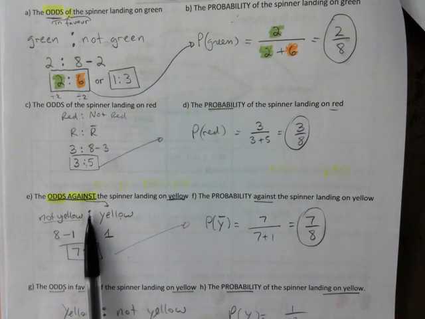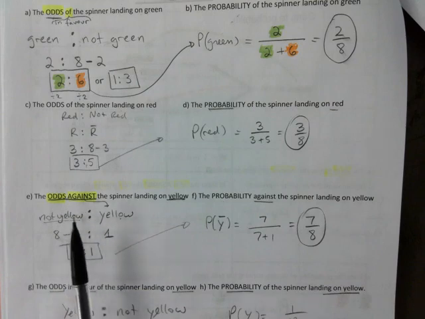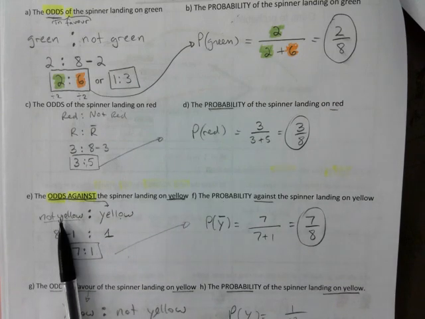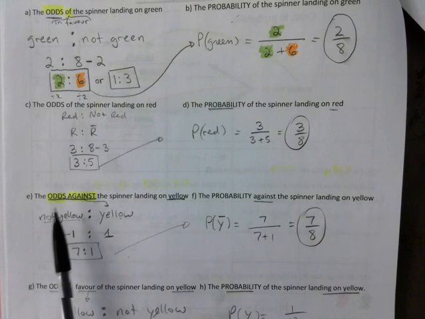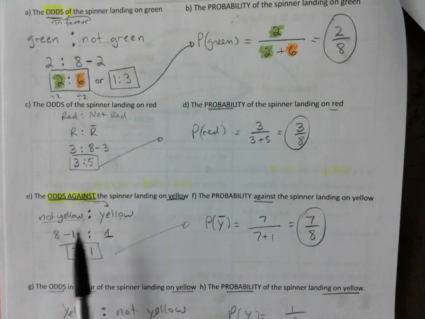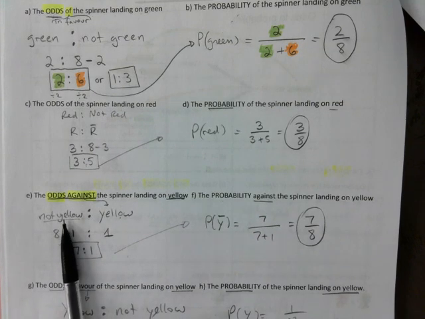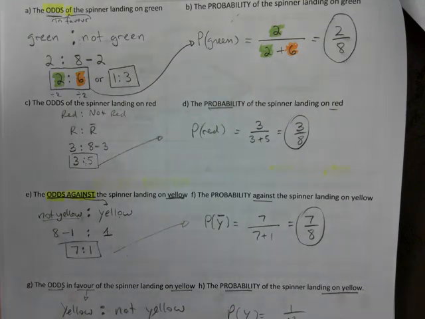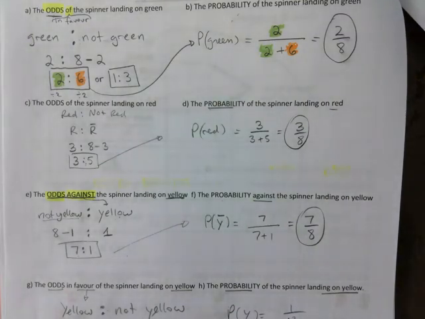It kind of considers a fence. So yellow is there now, which means not yellow is going to be up front. When it's stated like that, odds against, put the event on the other side and then not goes in front. That's the key here. You got to remember, basically focus on the event and then the other one will be not it.